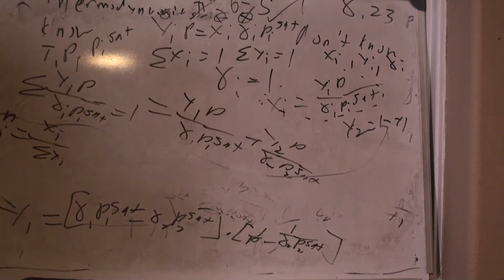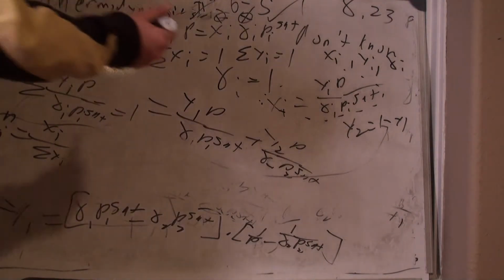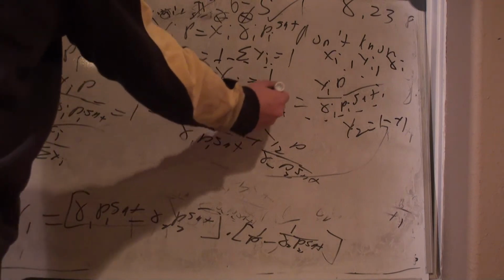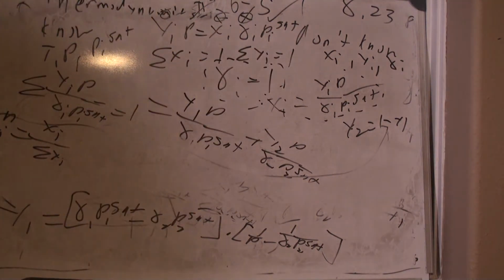Did I get a value for yi's first? No. You may think I did, but I didn't. I got gamma i first. Now, gamma i is a function of temperature and xi. Do I have a value for temperature? Do I have a value for xi? I do.